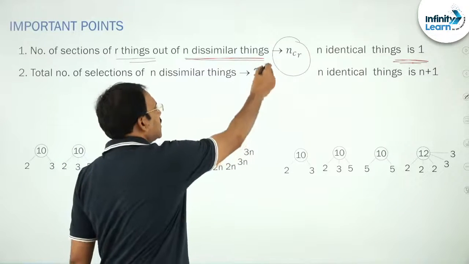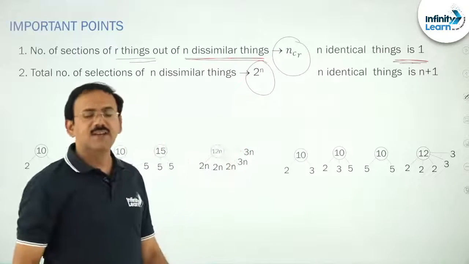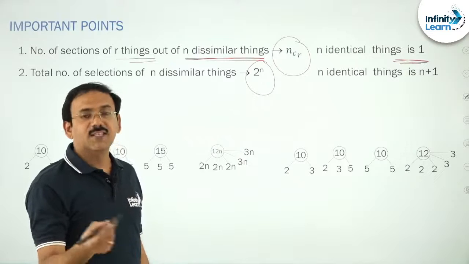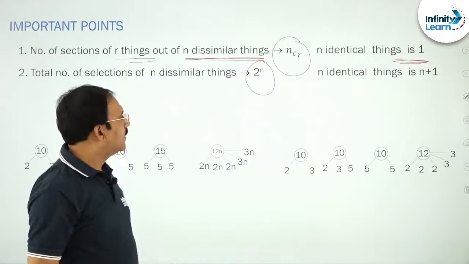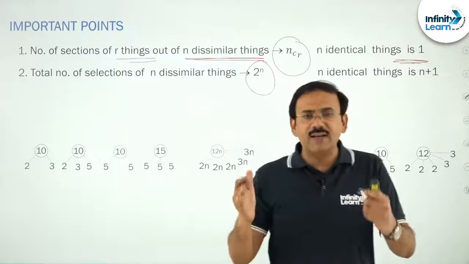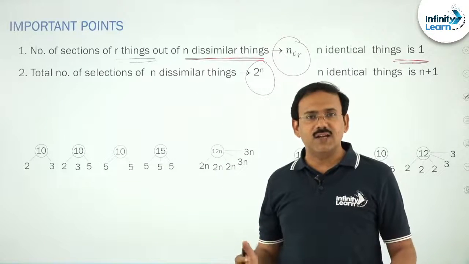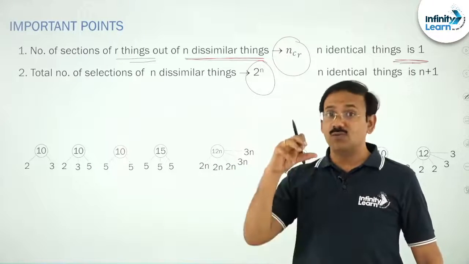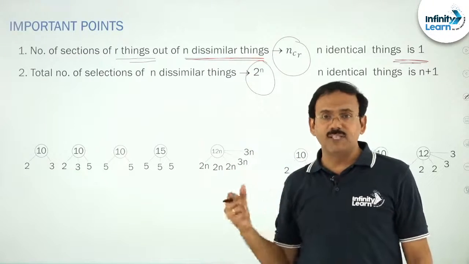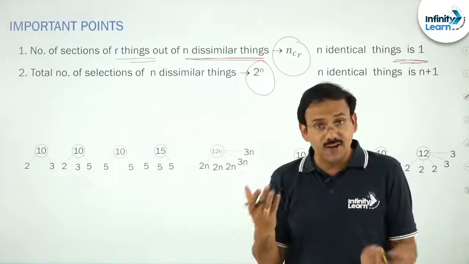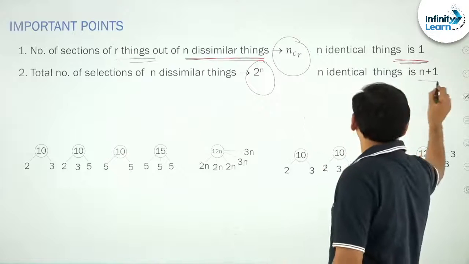The total number of selections, you know well, is 2 power n, because nC0 plus nC1 plus nC2 plus up to nCn gives 2 power n. And for identical things, suppose there are 10 identical objects, in how many ways can you select? You can select one object, two objects, because all are identical, 3 objects, 4 objects, up to 10 objects, or none of them. So n plus 1 ways.